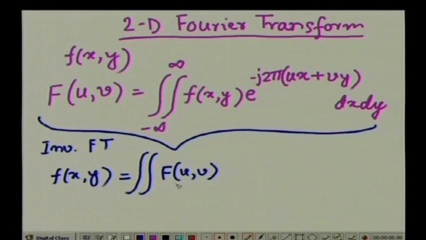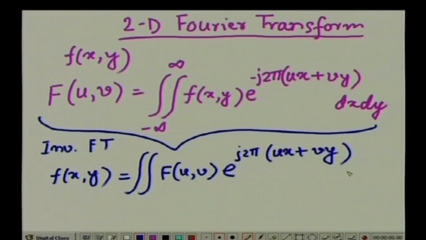In this case it will be F(u,v) e to the power j 2 pi (ux plus vy) du dv, and the integration is taken from minus infinity to infinity.